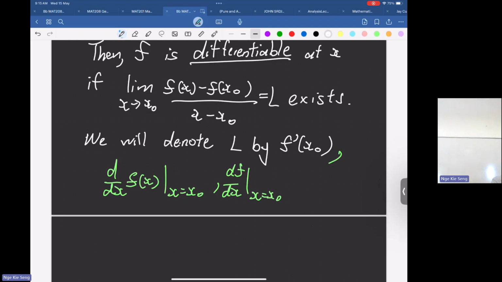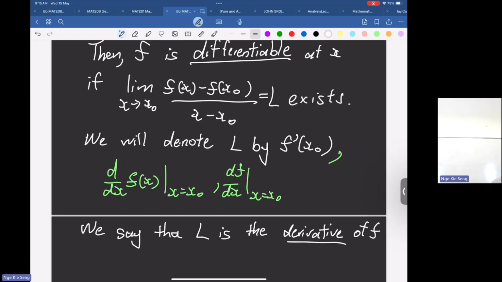So we say that L is the derivative of f. Try to connect everything you learn in calculus. So we are building on this foundation. Okay or not?